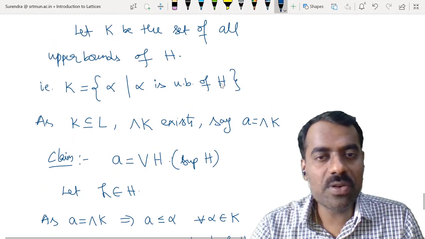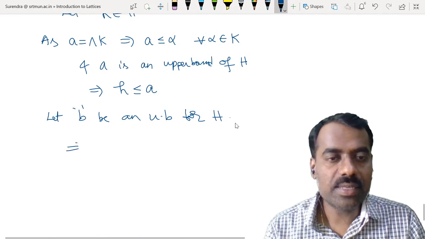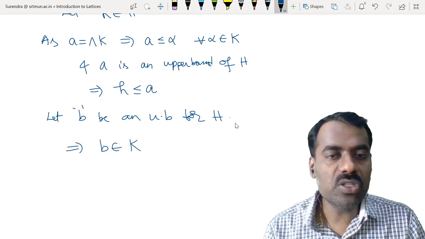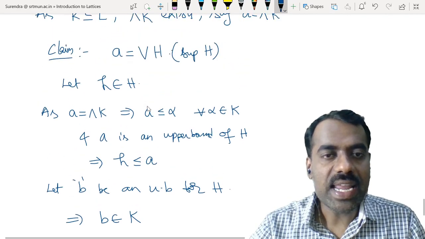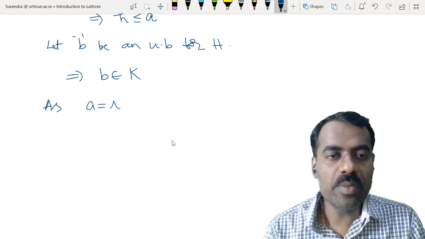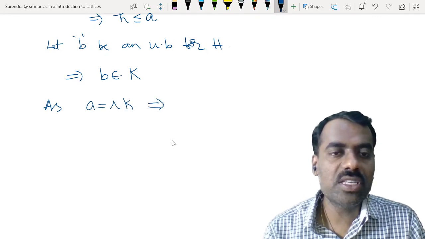If B is an upper bound for H, B actually belongs to this set K, right? So B belongs to K, and as A is the infimum of K, what is the relation between these two now?